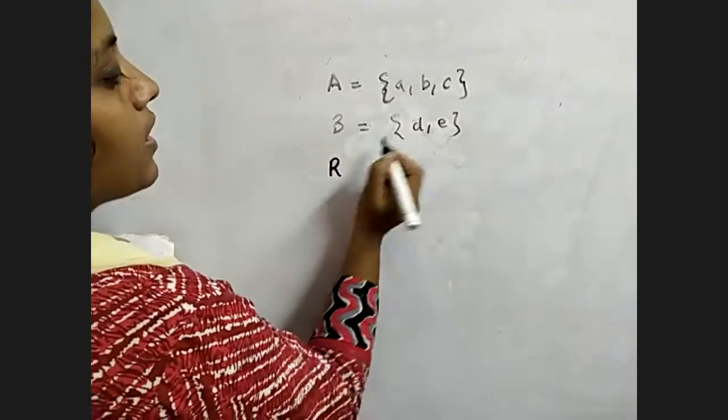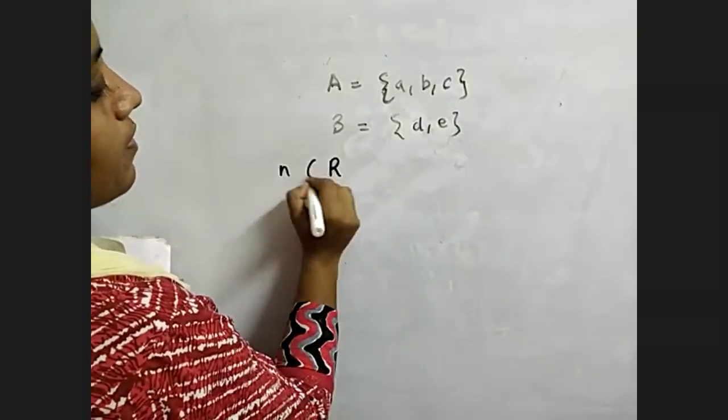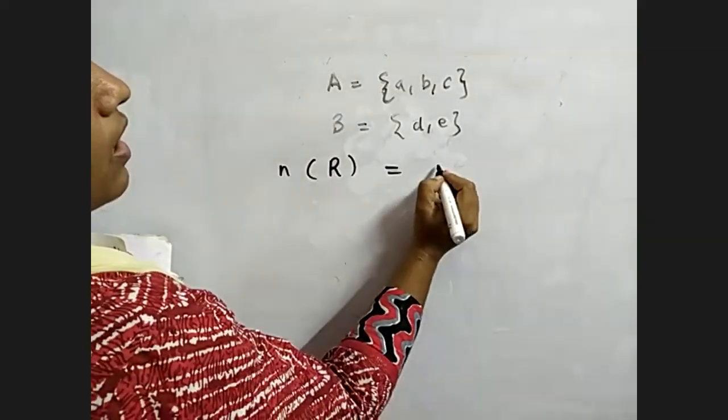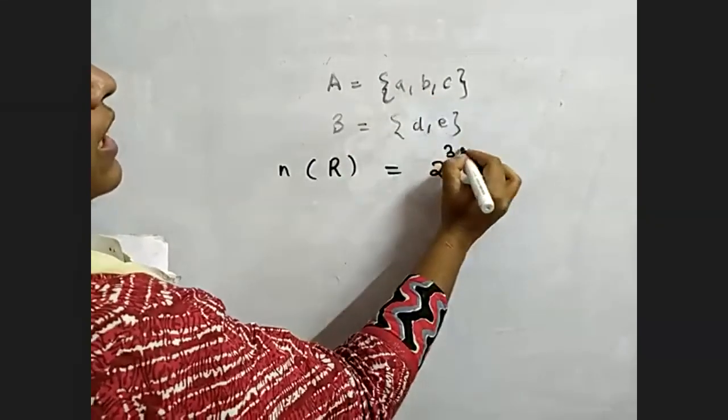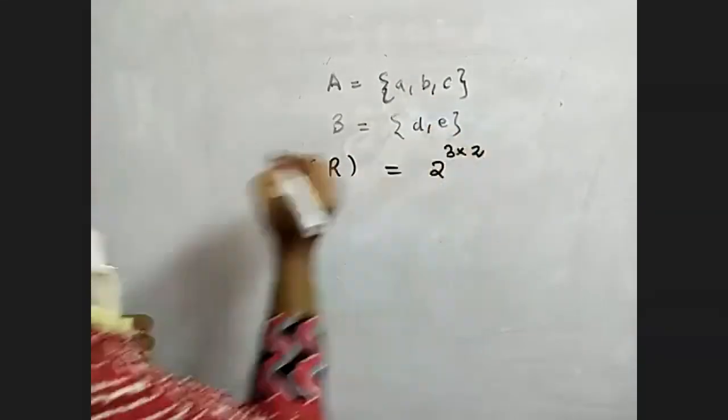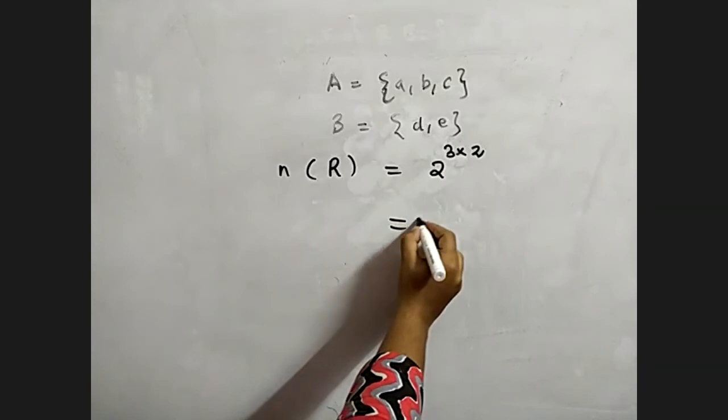Number of elements in the relation, it is 2 raised to 3 into 2. That means 2 raised to 6.